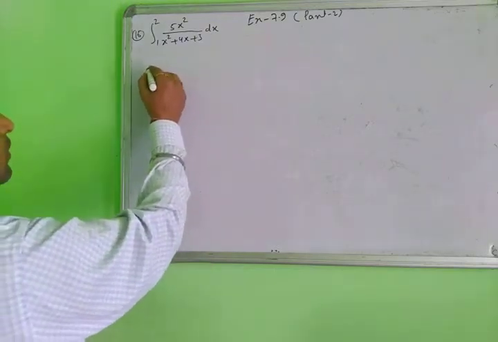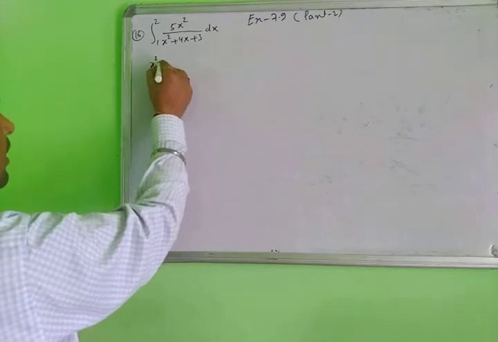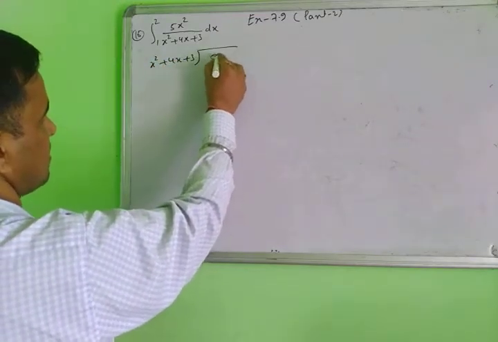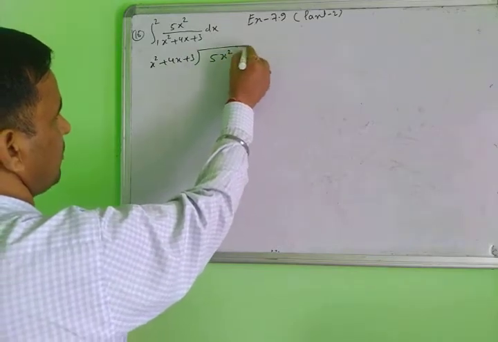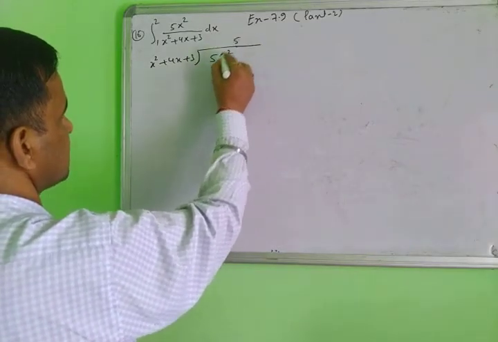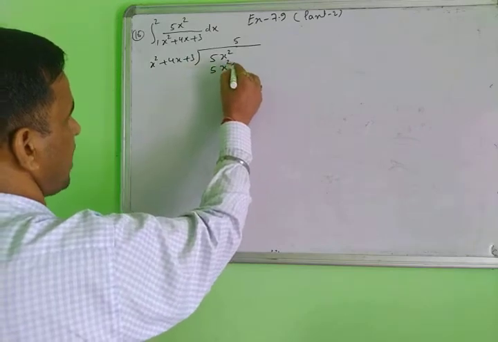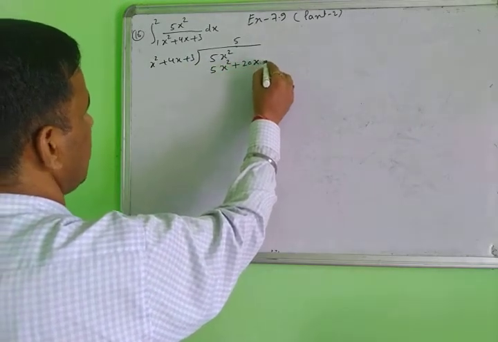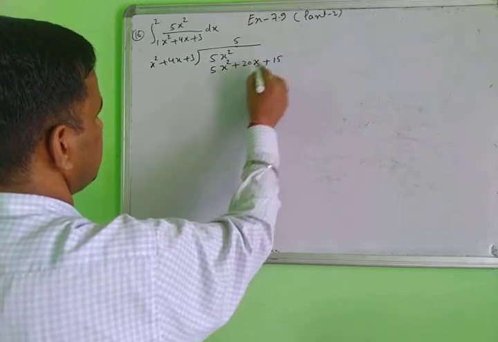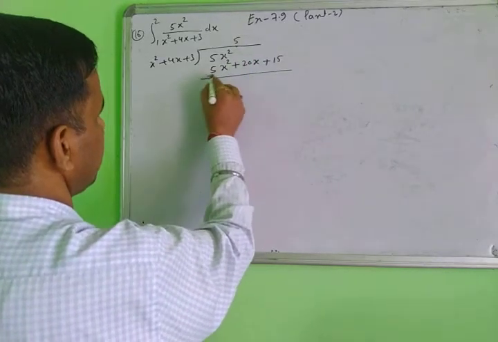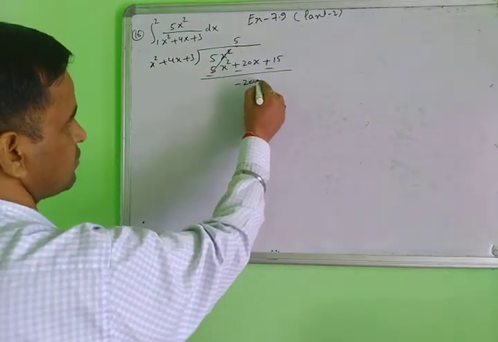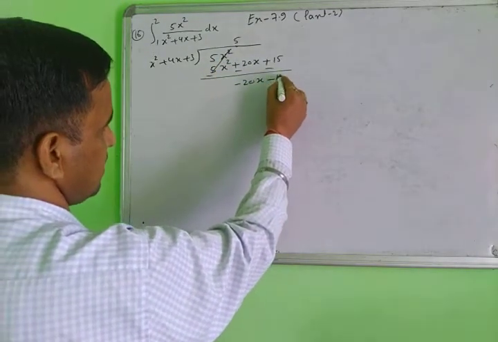Now you divide 5x² by x² plus 4x plus 3. How many times does it divide? 5 times. So 5x² plus 5 times 4 is 20x and plus 5 times 3 is 15. What is left here? Change the minus sign, this will be cancelled, so minus 20x minus 15.